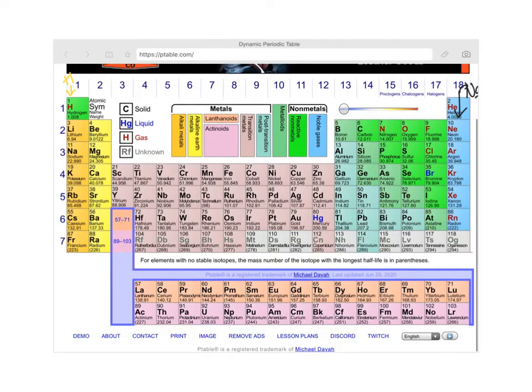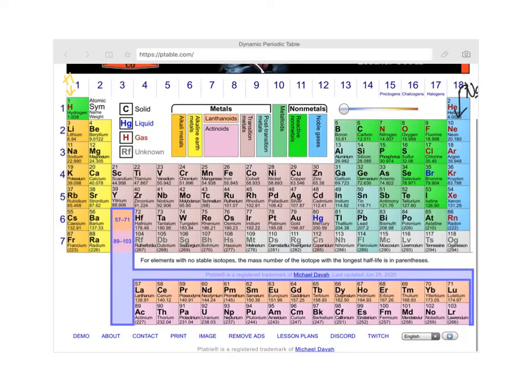The oxygen group has 6 electrons. And then the halogens have 7 electrons. That means that the noble gases have 8 electrons. And that is what we call the octet rule. The octet rule kind of says that that's what everybody else wants. They want to have the number of electrons that noble gases have.